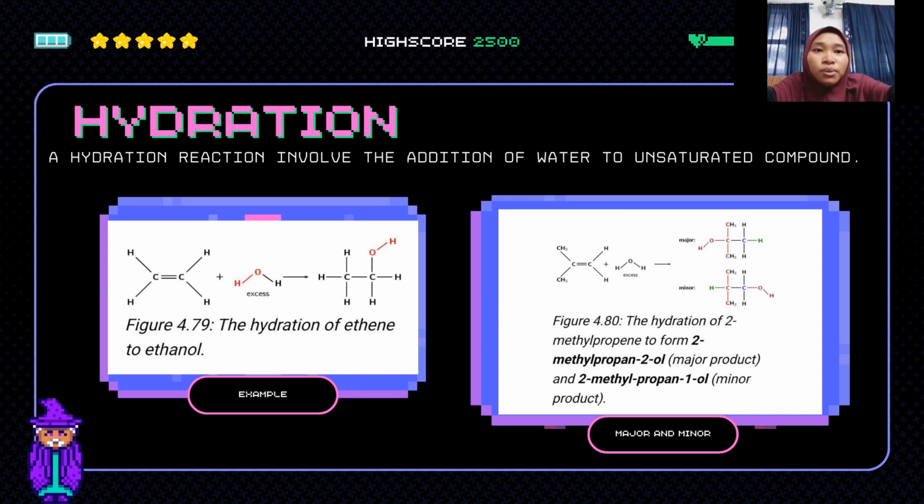So if more than one product is possible, we can differentiate between major and minor products. The major product will be the compound where the hydrogen atom is added to the least substituted carbon atom, and the hydroxyl ion is added to the most substituted carbon atom.